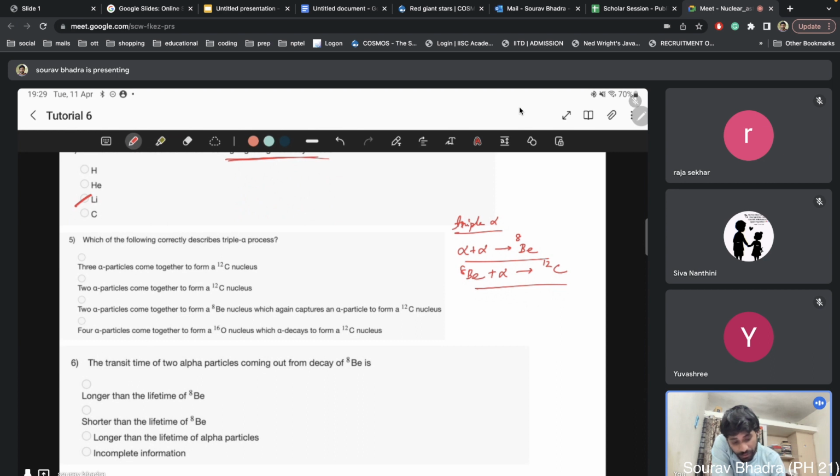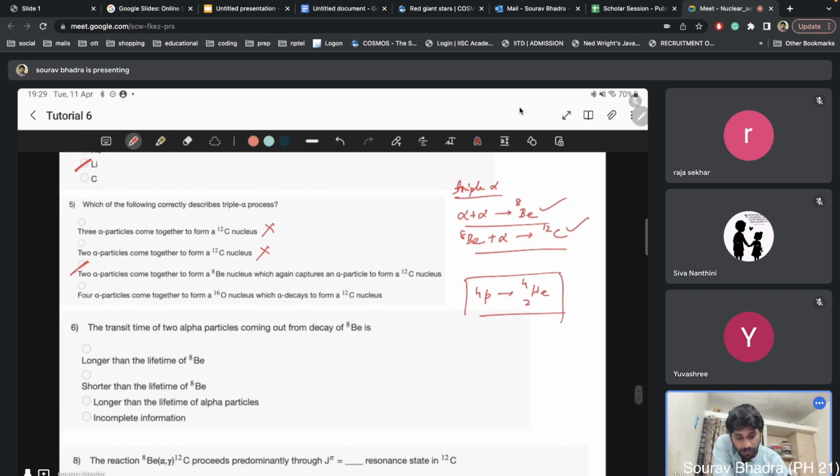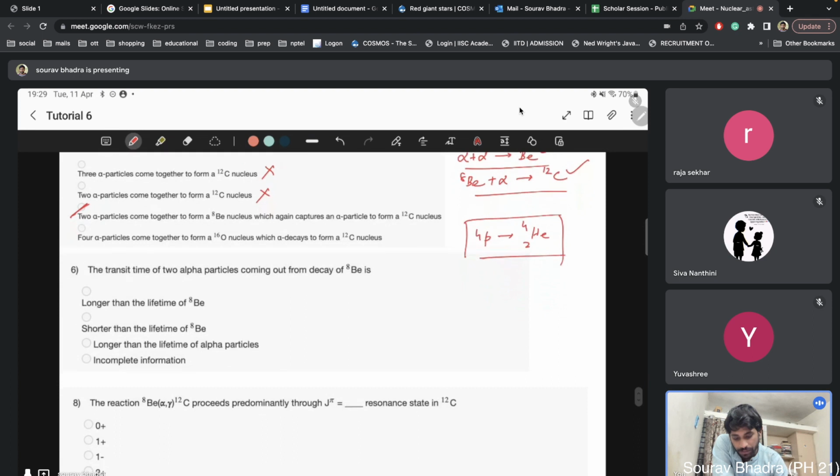First of all, it should be a 2 step reaction, not all together. 2 alpha particles come together to form 8Be, which again captures an alpha particle to form a 12C nucleus. These 2 steps are included in option number 3, and this is the answer. And what was the fourth? 4 alpha particles? No, 4 alpha particles is not coming. 4 protons can react and give an alpha, but 4 alphas cannot create a carbon.